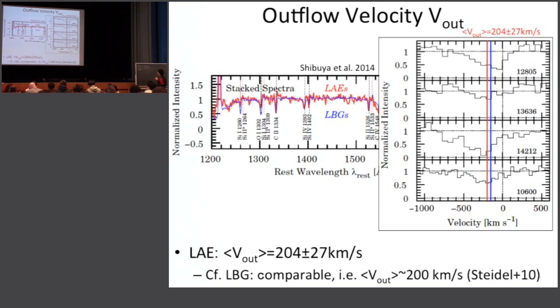But the velocity shift is pretty similar, and in fact, the outflow velocity suggested by the Lyman break galaxy spectra is about 200 kilometers per second. So Lyman-alpha emitters and Lyman break galaxies have a similar outflow velocity that is suggested by the absorption lines.